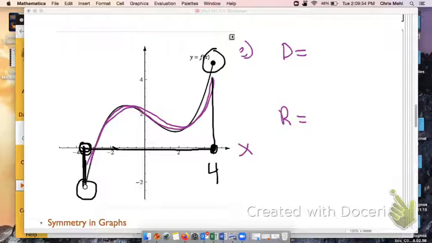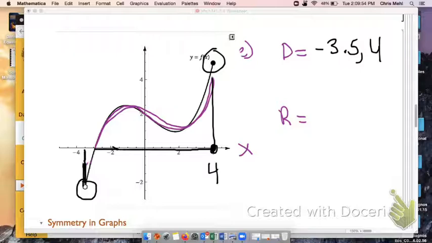I think each tick mark represents half a unit. So the domain starts at -3.5 and moves continuously to the right until I get to positive 4. Now I'm writing the domain in interval notation.